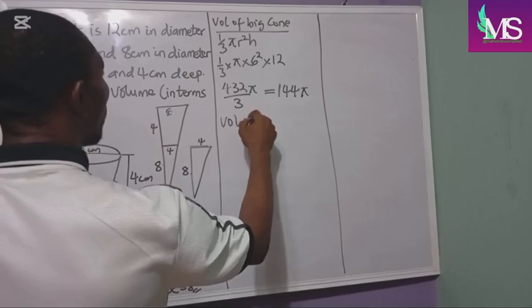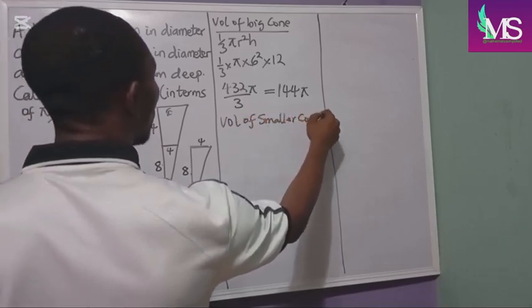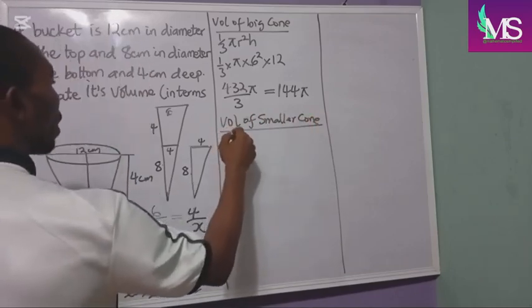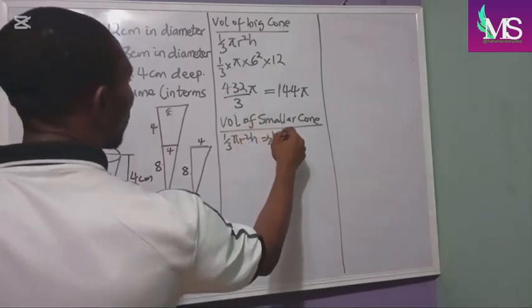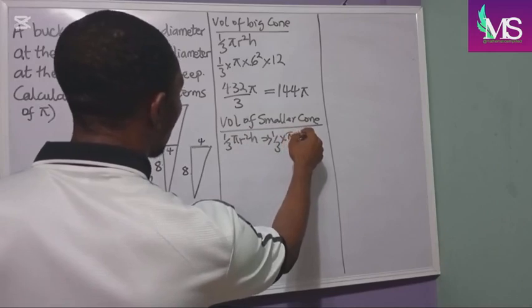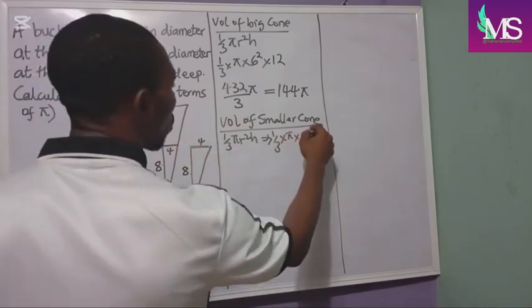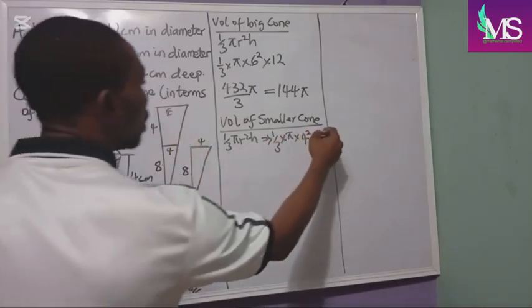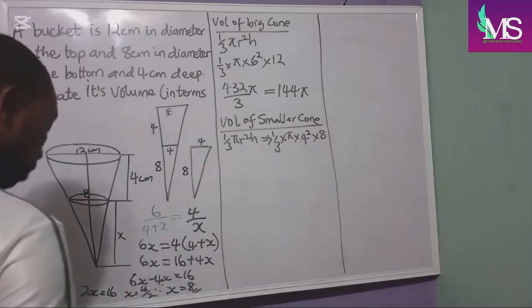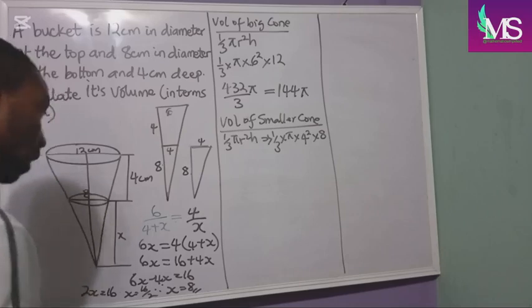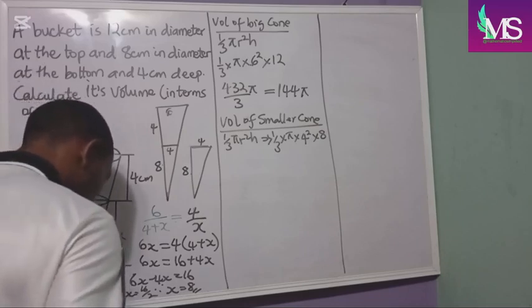Now, volume of the smaller cone will become 1 over 3 pi r squared h, which is 1 over 3 times pi times our r, which is 4, 4 squared, times our h, which is 8. This becomes 1 over 3 times 16 times 8.